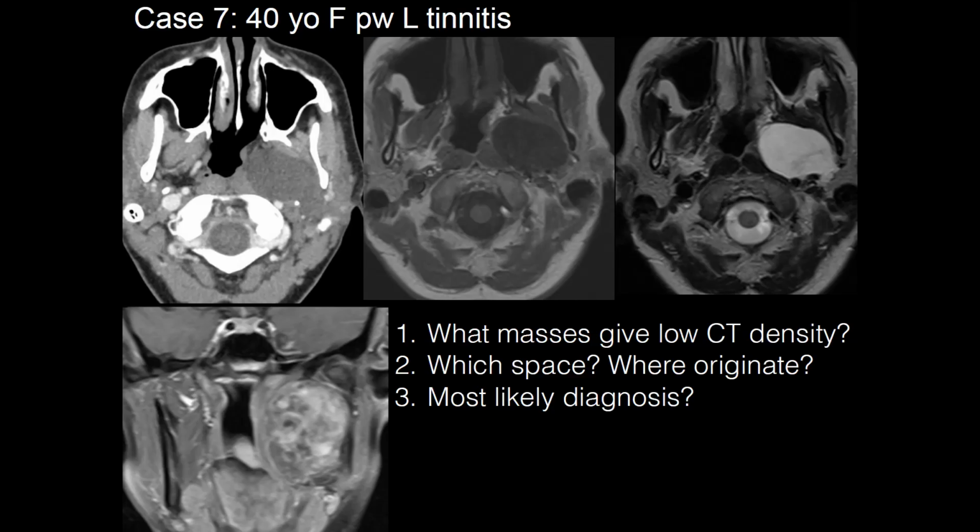Yep, and of those two masses, the schwannoma and the pleomorphic adenoma, pleomorphic adenoma is more cystic, but schwannomas can have cystic degeneration. The pleomorphic adenoma can be low attenuation even without cystic components if it's pretty mucinous. But nerve sheath tumours, I don't know if you've noticed, are actually always low attenuation on CT, pretty much the same as the spinal cord density.